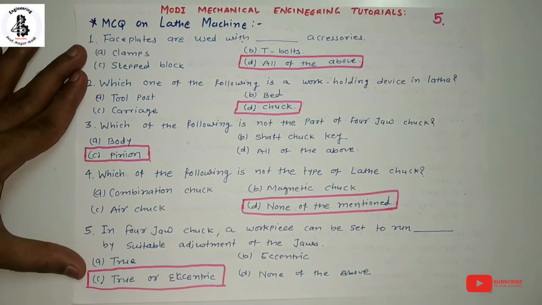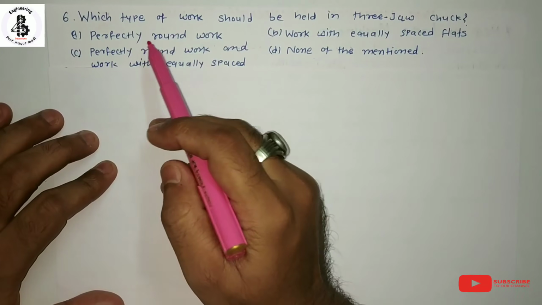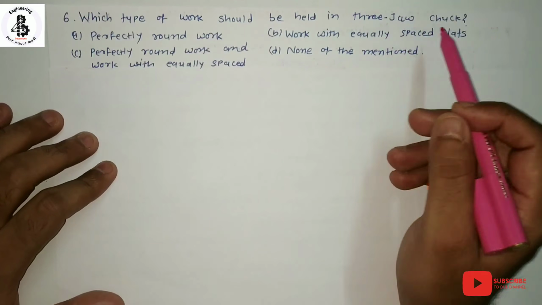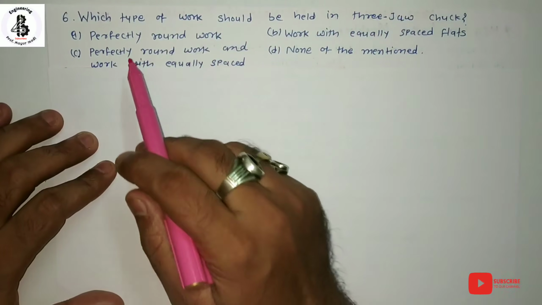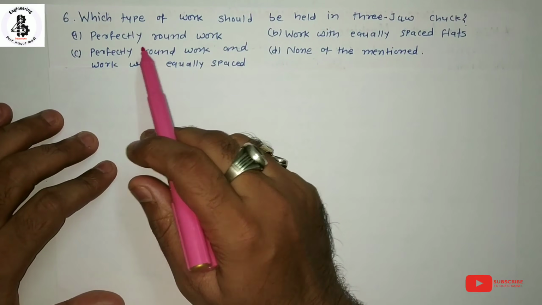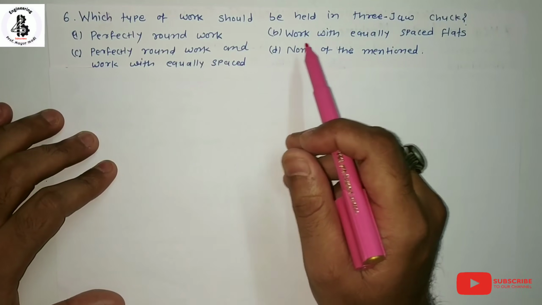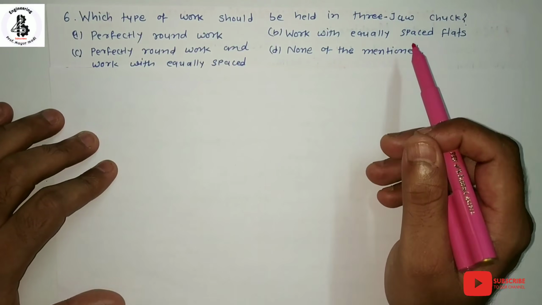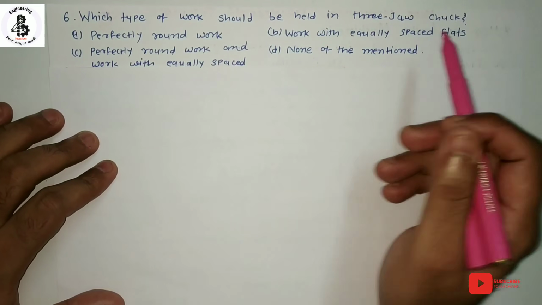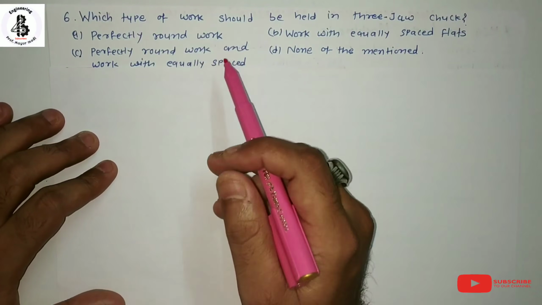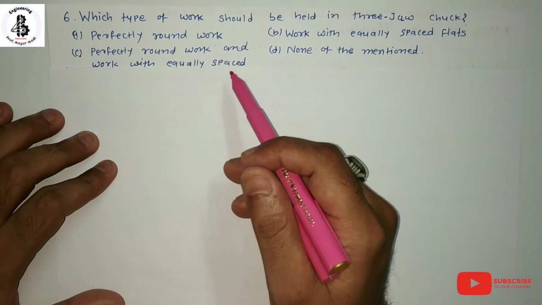Then next question. Which type of work should be held in a three-jaw chuck? Option A, perfectly round work. Option B, work with equally spaced flats. Option C, perfectly round work and work with equally spaced flats.